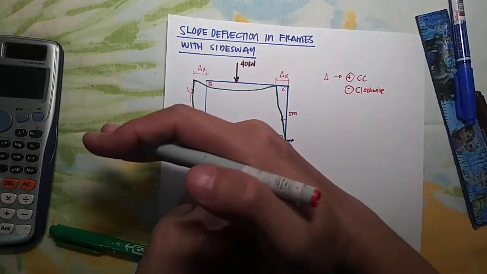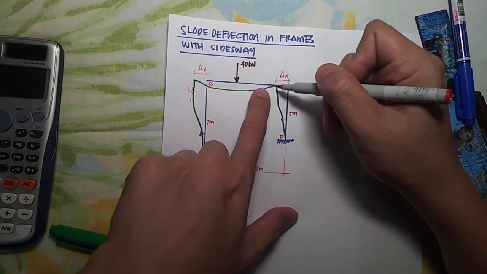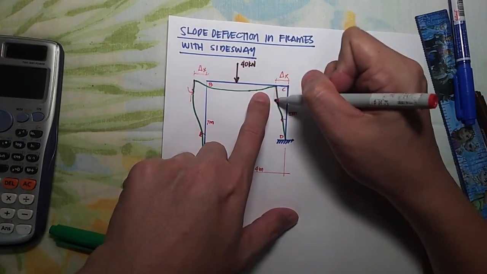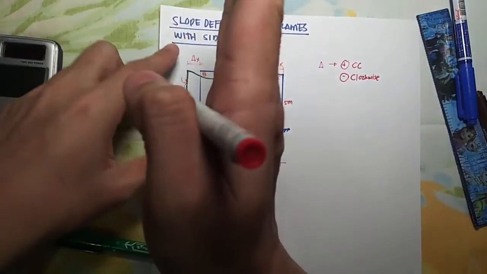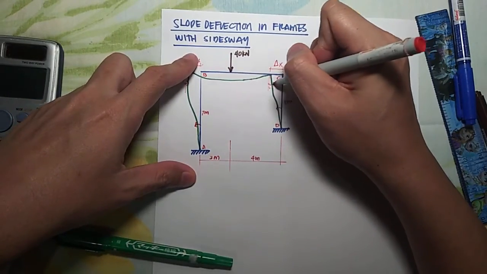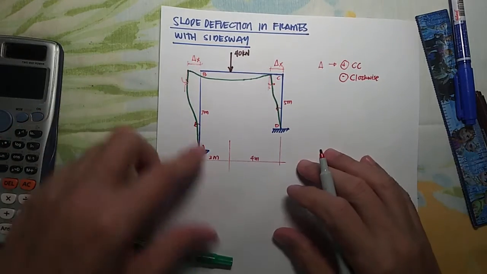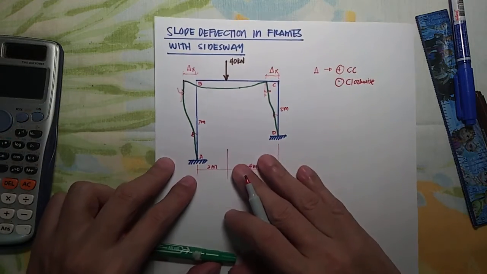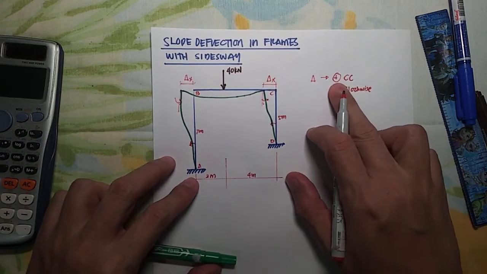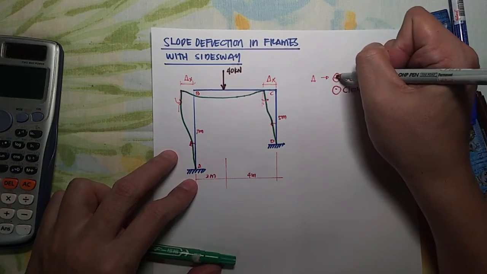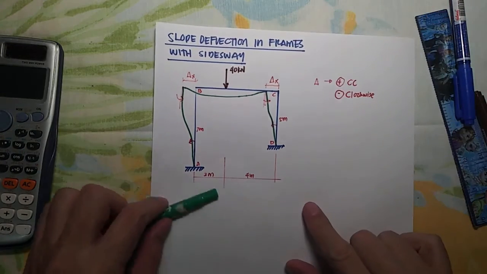Likewise, this one, from here it moves to this point, so that is counterclockwise also. So the sign convention for delta is positive since it produces counterclockwise rotation.